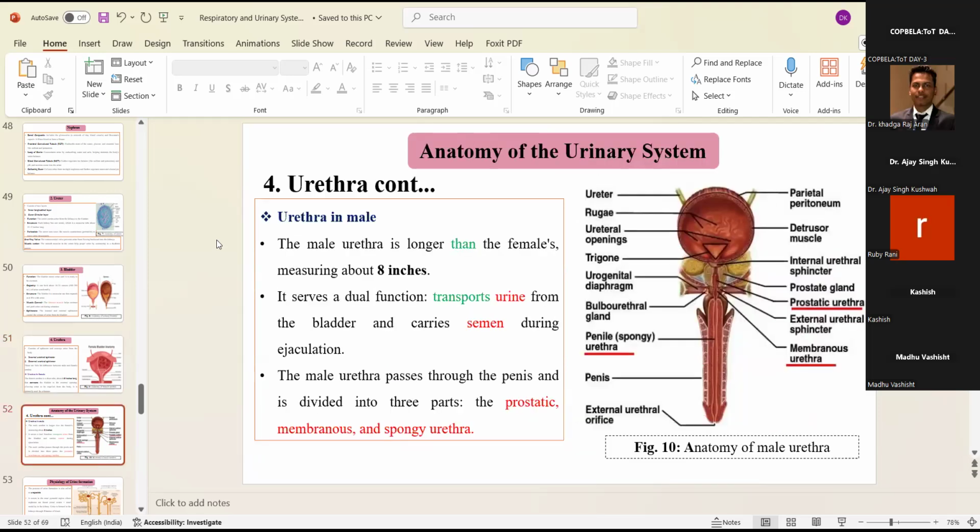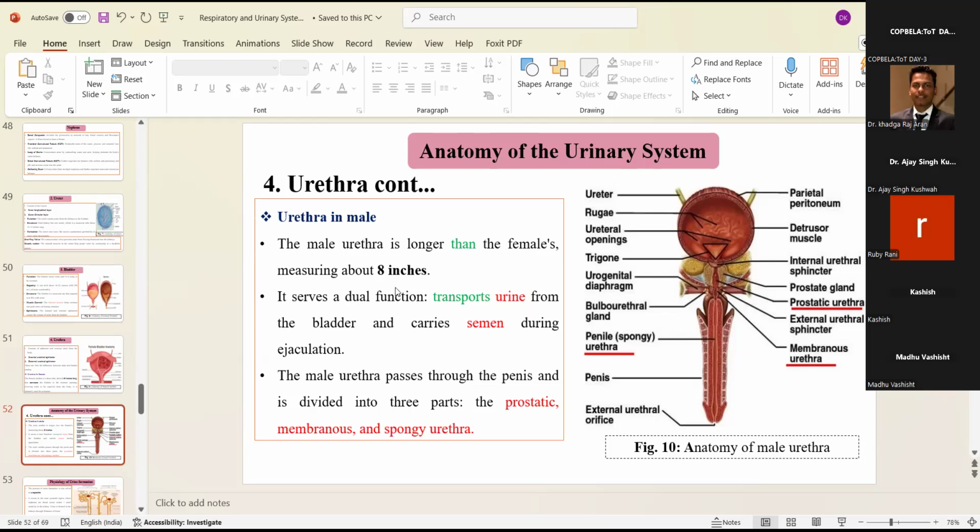Next is the urethra in the male. Males have a longer urethra and therefore have less chance of urinary tract infections as compared to females. In the male, the urethra has a dual function.